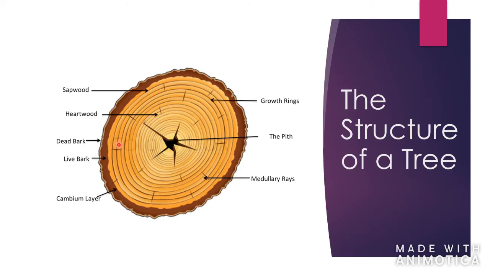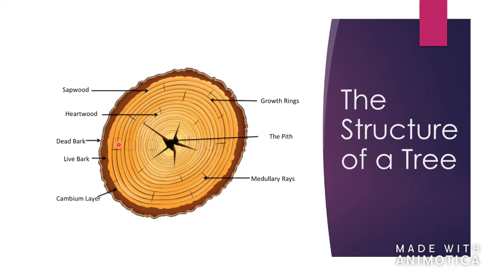On the outside now, you have the dead bark, so the dry part of the tree. Let me go back. The dry part of a tree right here, if you can see the pointer, is called the dry bark. Just inside of the dry bark, you would have a wetter version of the bark if you cut a piece.